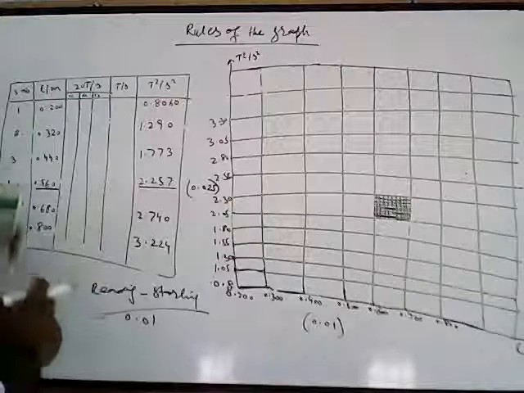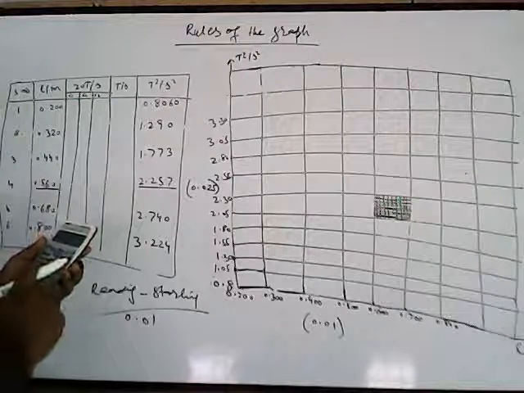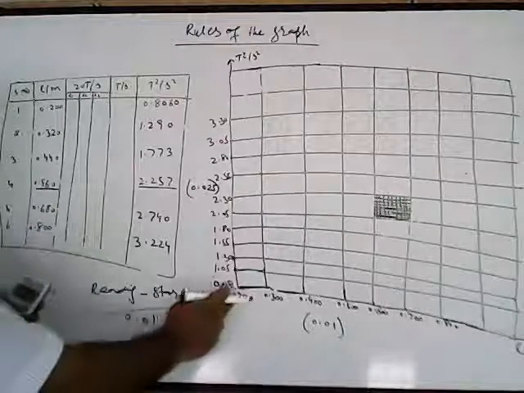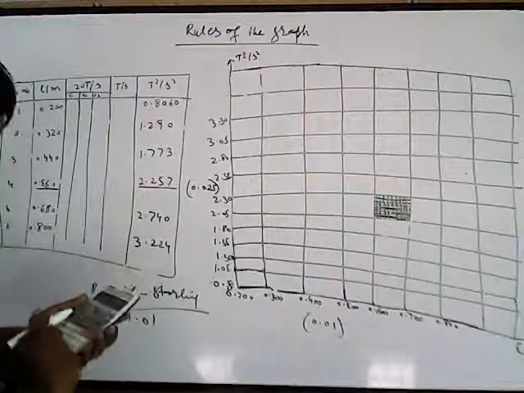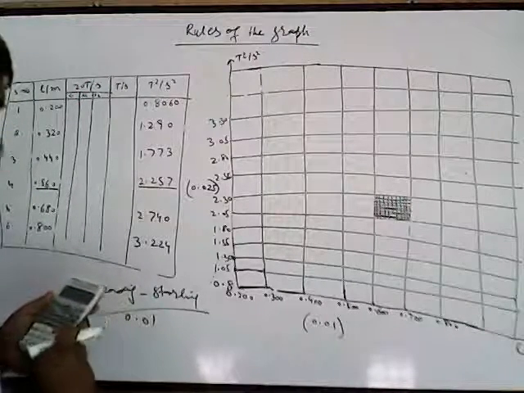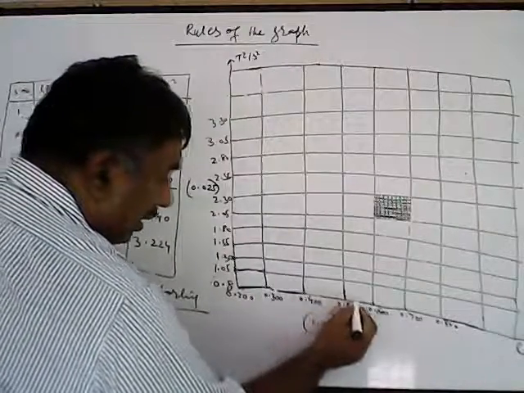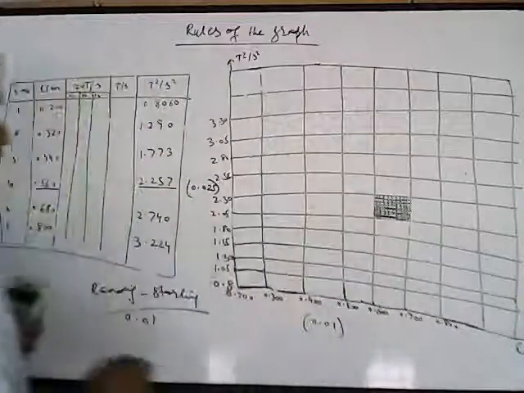My reading is 0.560, minus the starting 0.2, divided by 0.01. I get 36 boxes. So this is 10, 20, 30, 36 boxes, up to here. So I will go for this one, 36 boxes.